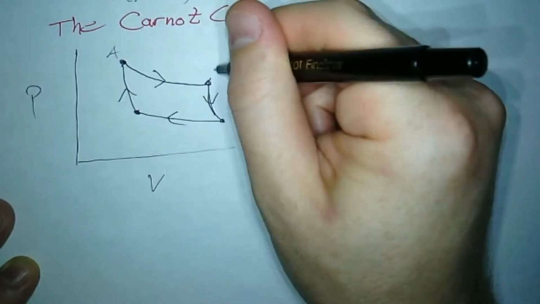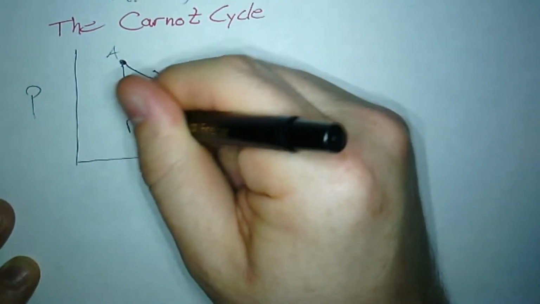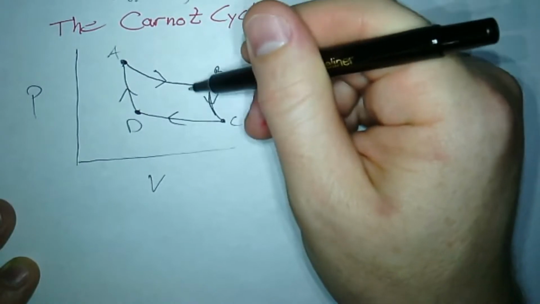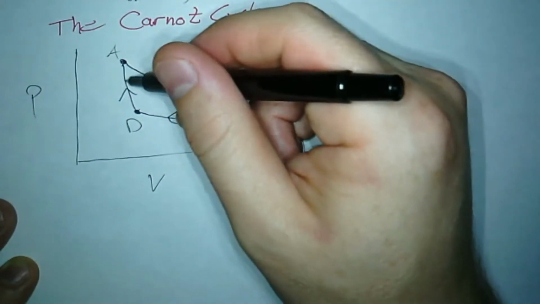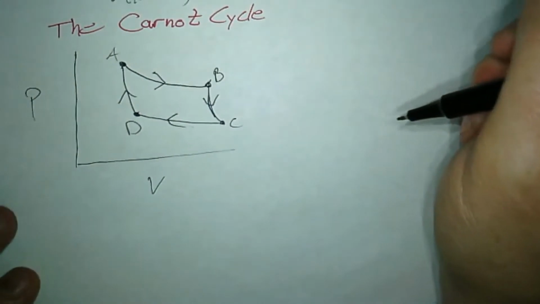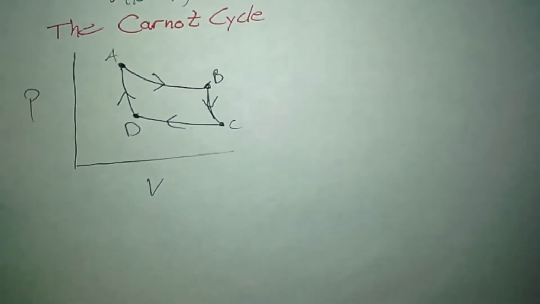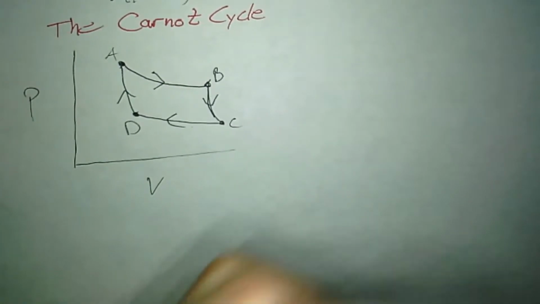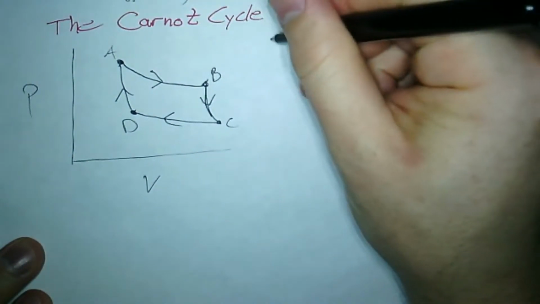So we go A, B, C, D. So this one here is isothermal, so you have constant temperature. And this one here and this one here are adiabatic, meaning no heat's exchanged. So this is the most efficient gas cycle you can have in theory.